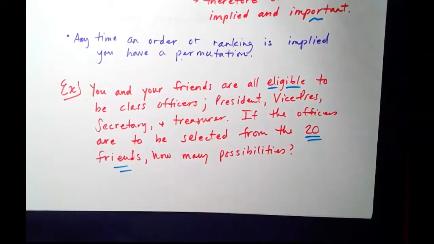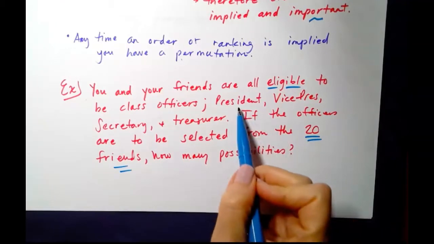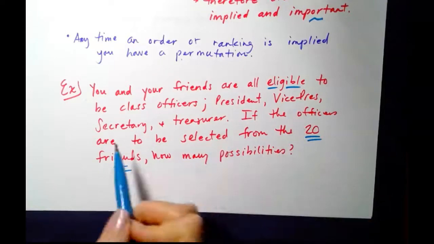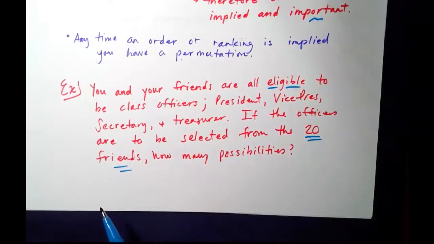But a ranking is also implied because the president is clearly a more impressive office than the vice president, secretary, and treasurer. So we're looking for possibilities of ranking 20 friends 4 at a time.